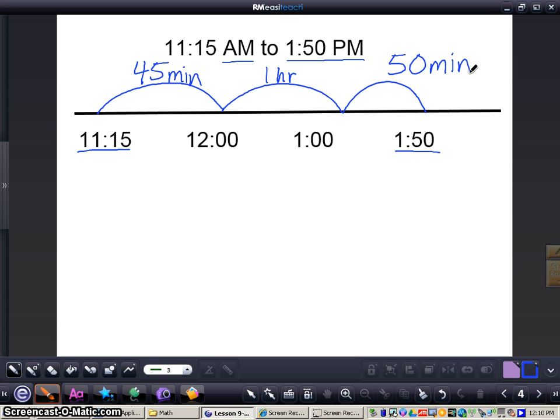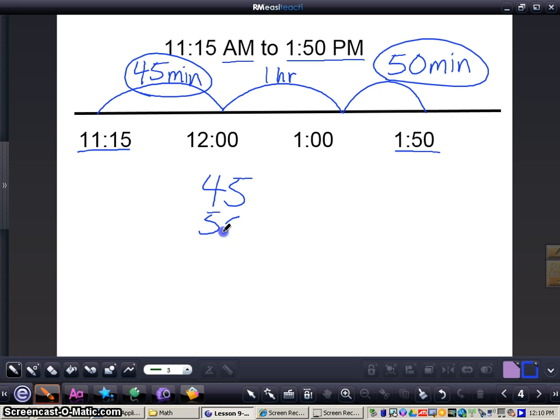So what I'm going to do is first of all add my minutes together, 45 minutes and 50 minutes. Adding those two together, that's going to give me 95 minutes. Now we need to convert the 95 minutes into hours if we can.